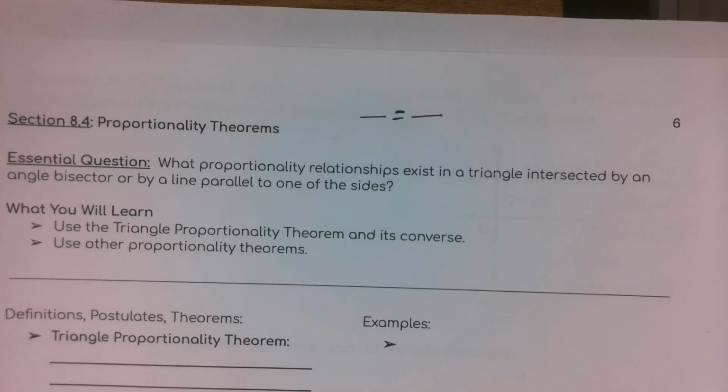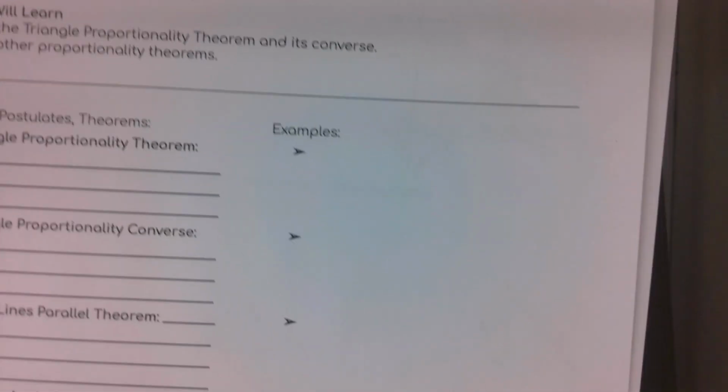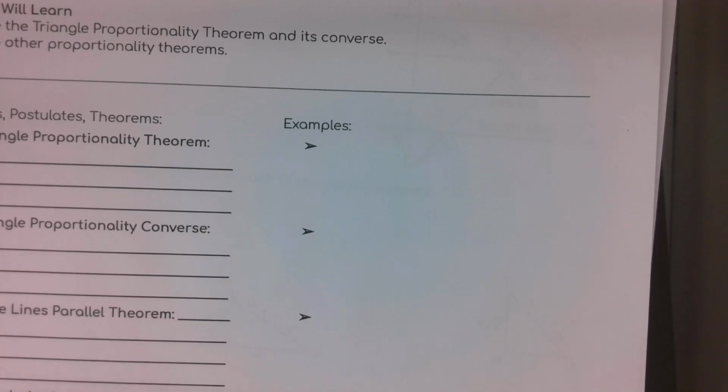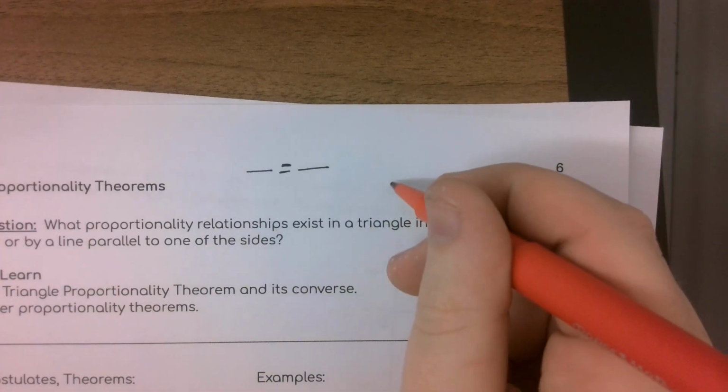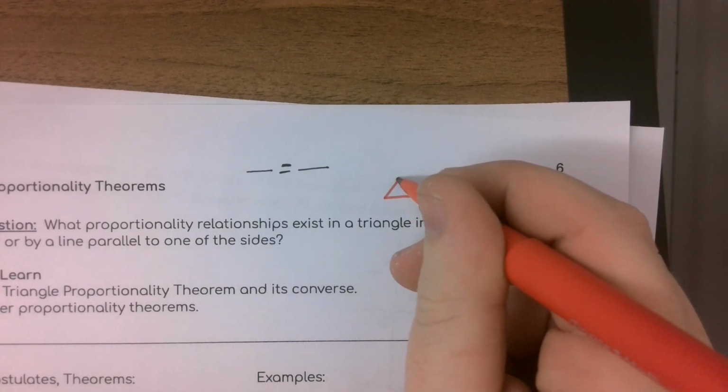Now, there are a couple of ways of making a proportion, but the most obvious example is one we've already been doing. Let's take a look at the following two triangles. Let's say we've got a small triangle like this.